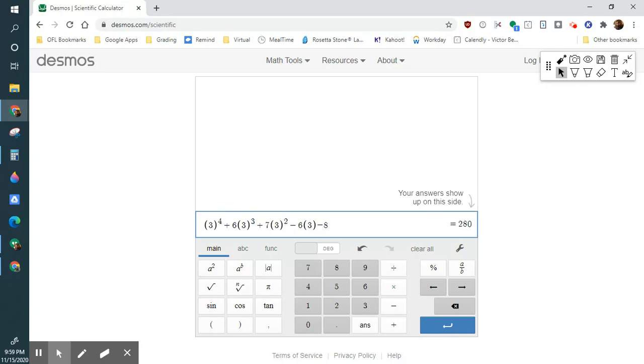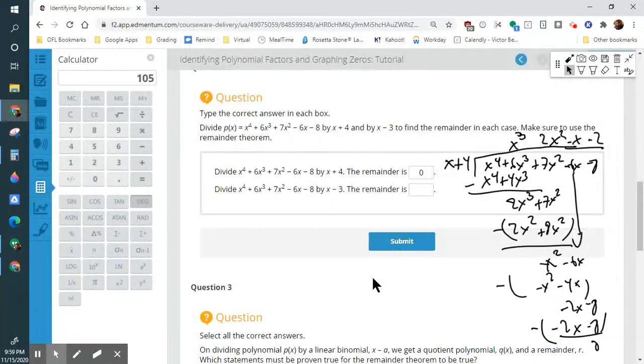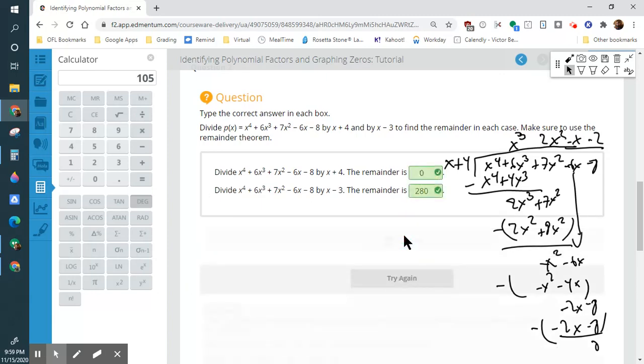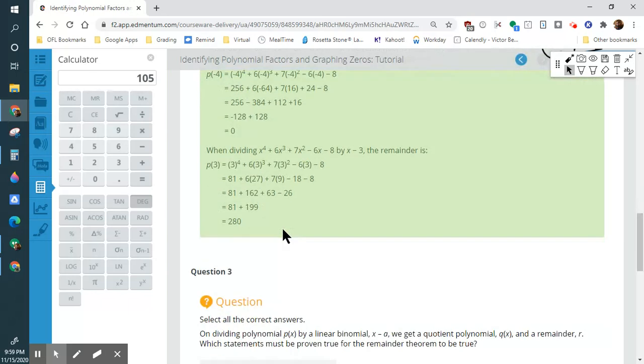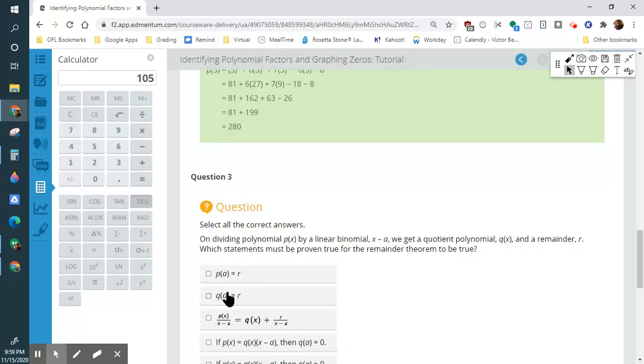I get 280. So my remainder should be 280. And you can see just plugging it in... Oh, they actually did want you to plug it in instead of dividing it out. So there we go. And I use a graphing calculator to solve for it.